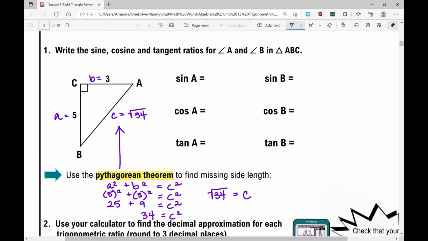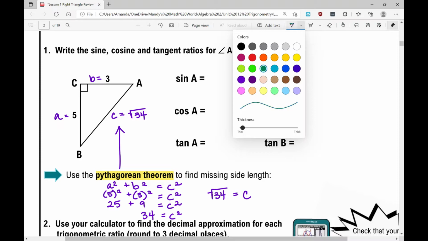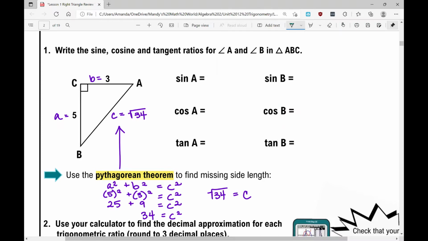So now we can write our sine, cosine, and tangent ratios for angle A. So let's do that first. Angle A is right here. A lot of times whenever you have a triangle, a capital letter will represent the angle.